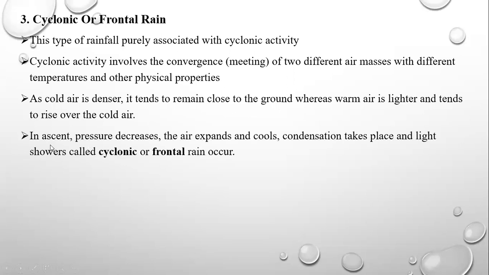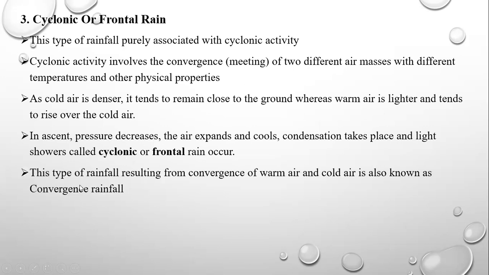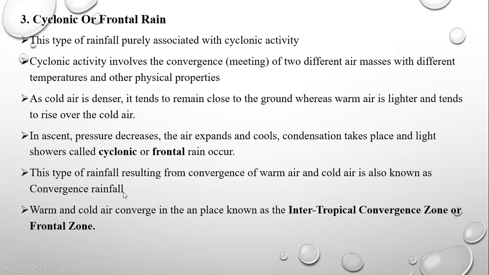In ascent, pressure decreases and air expands and cools. Condensation takes place and lighter showers called cyclonic or frontal rain occur. This type of rainfall resulting from convergence of warm air and cold air is known as convergence rainfall.